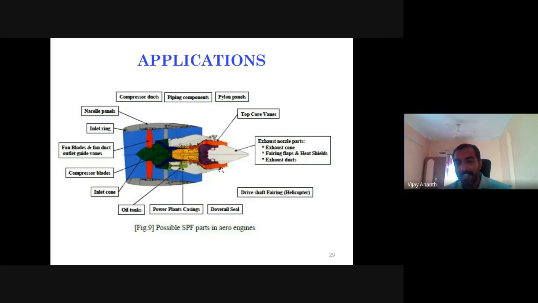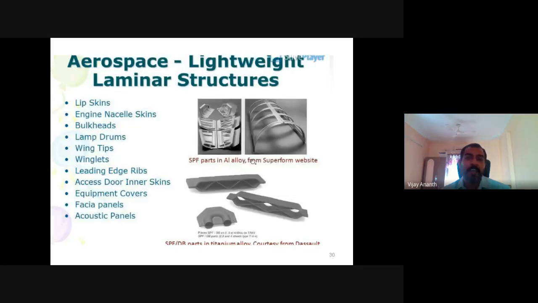The exhaust nozzle. So these structures, right? The cube-like structures formed through this method are very easy to make, right? So that type of components are formed through this. Aerospace components are formed through superplastic forming. These are some of the applications of superplastic forming in aerospace structures, right?